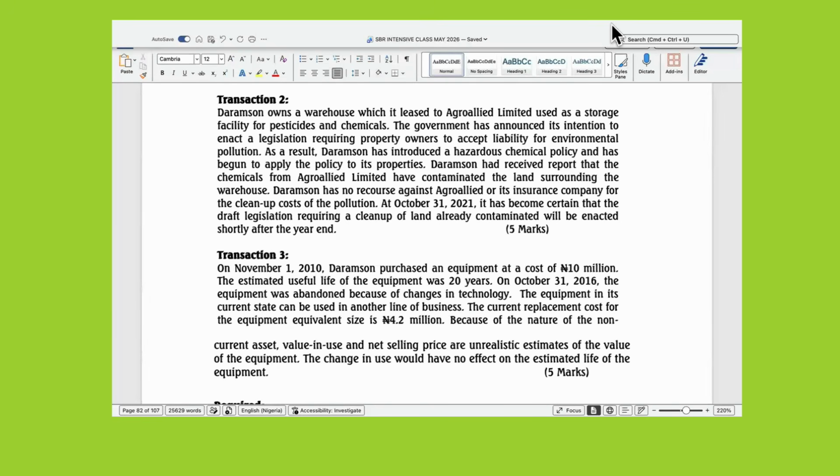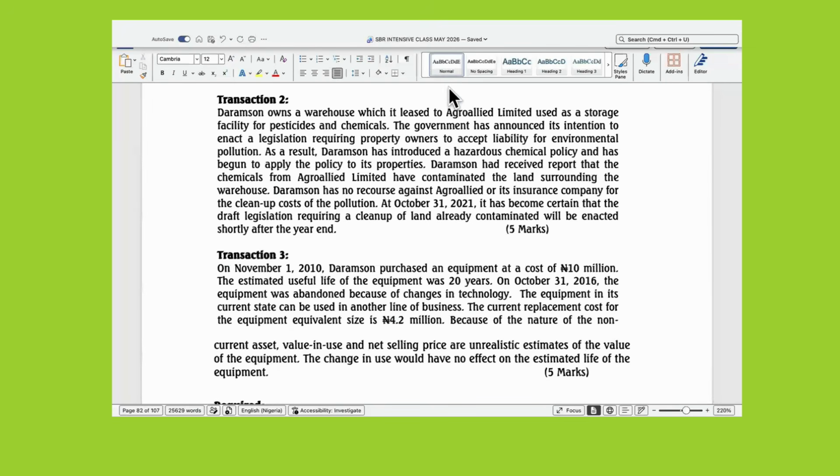So they abandoned it. The equipment in its current state can be used in another line of business. The current replacement cost for the equipment of equivalent size is 4.2 million. Because of the nature of the non-current asset, value in use and net selling price are unrealistic estimates of the value of the equipment. The change in use would have no effects on the estimated life of the equipment.